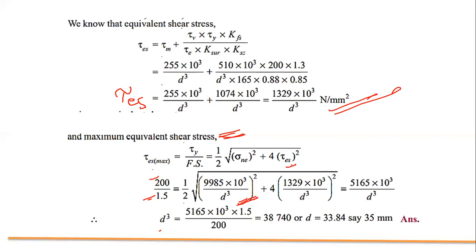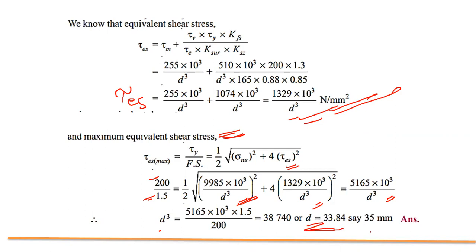Tau es also we found here. So substitute the tau es value. Now this is the value of tau y by fs. After simplifying, you can get the value of diameter d. d equal to 33.84.